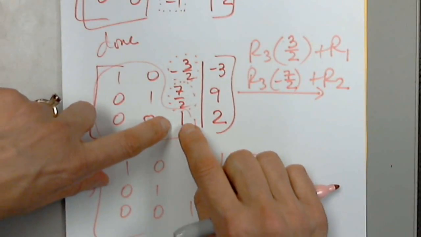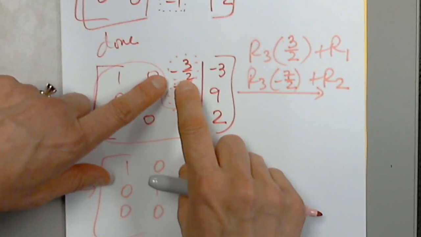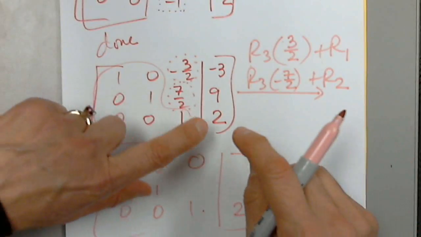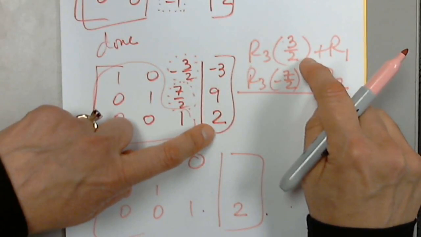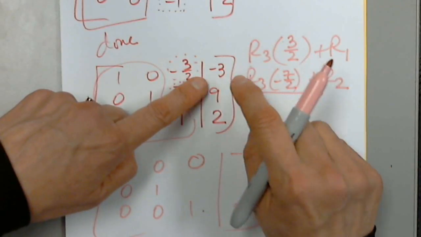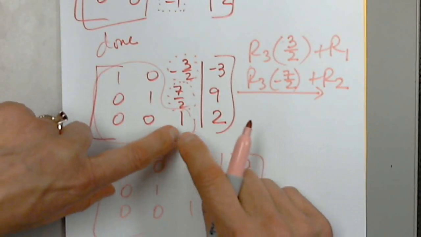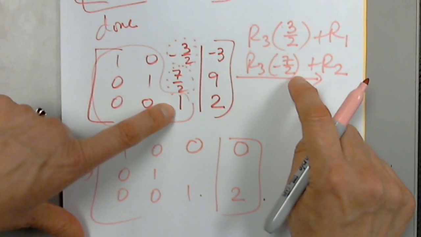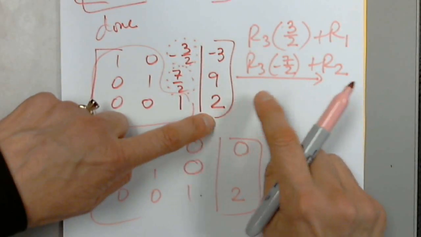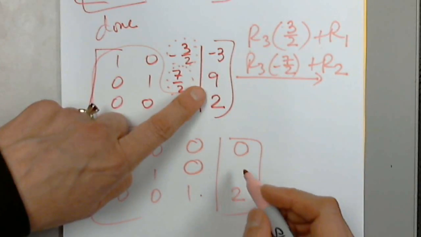Together. 1 times 3/2 minus 3/2. 0. 2 times 3/2 is 3. 3 minus 3. 0. 1 times -7/2 plus 7/2. 0. 2 times -7/2 is -7 plus 9.